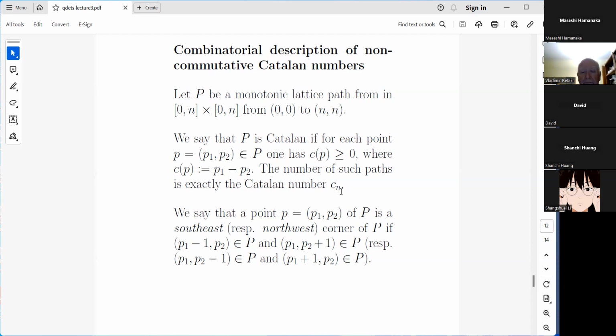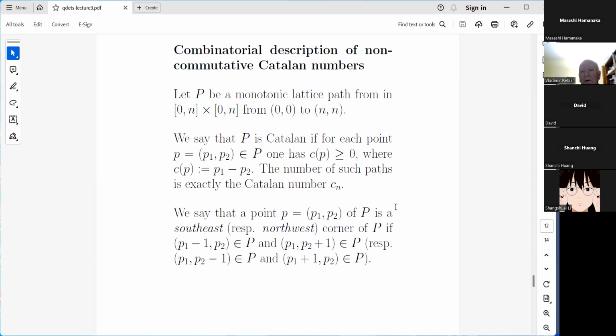Now let me add some non-commutative flavor, and associate a Laurent monomial in the xi's to this path P. If you go from 0, 0 to n, n, your paths have angles.